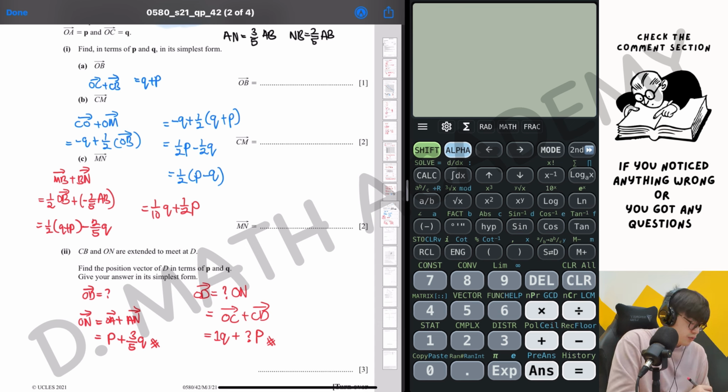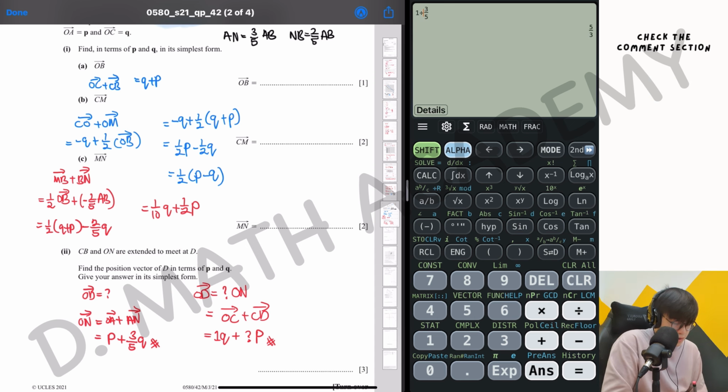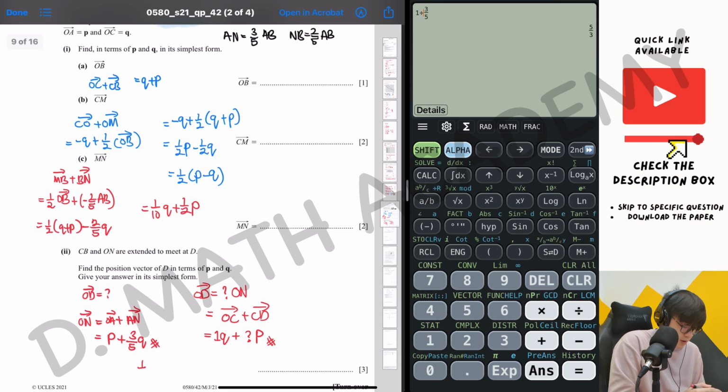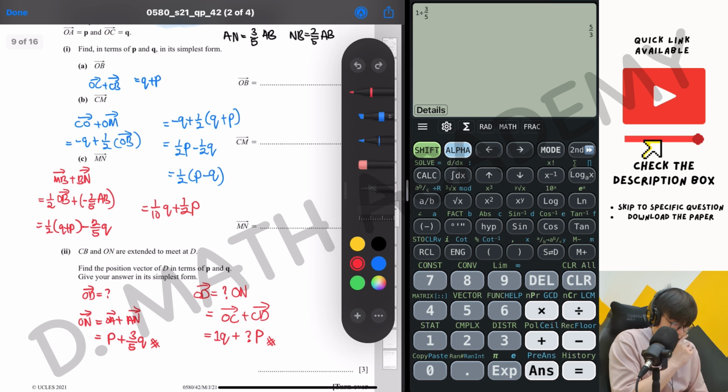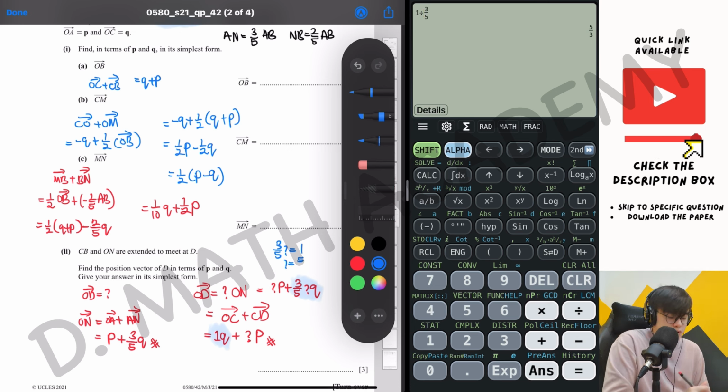So your 3/5, by taking 1 divided by it, the scale factor: 3 over 5 times unknown equals 1, so the unknown is 5/3.